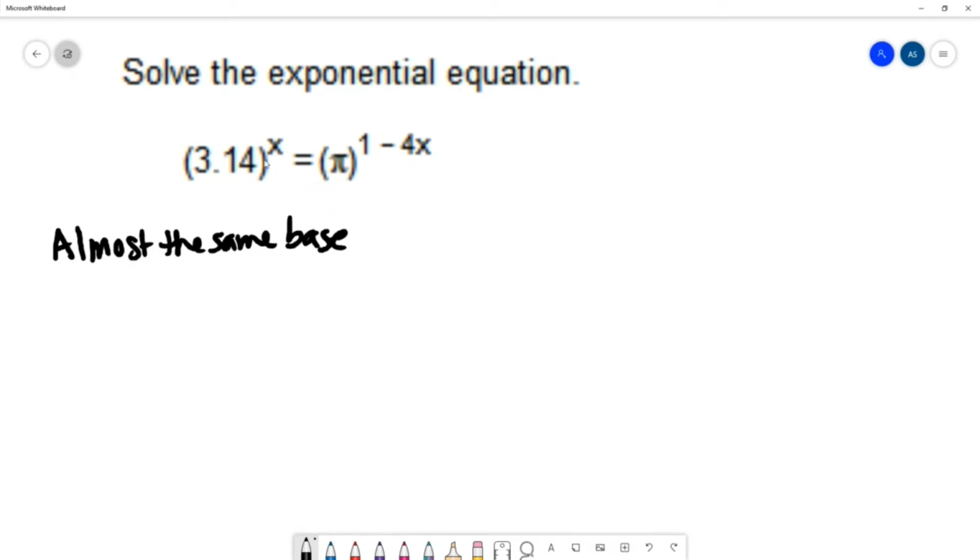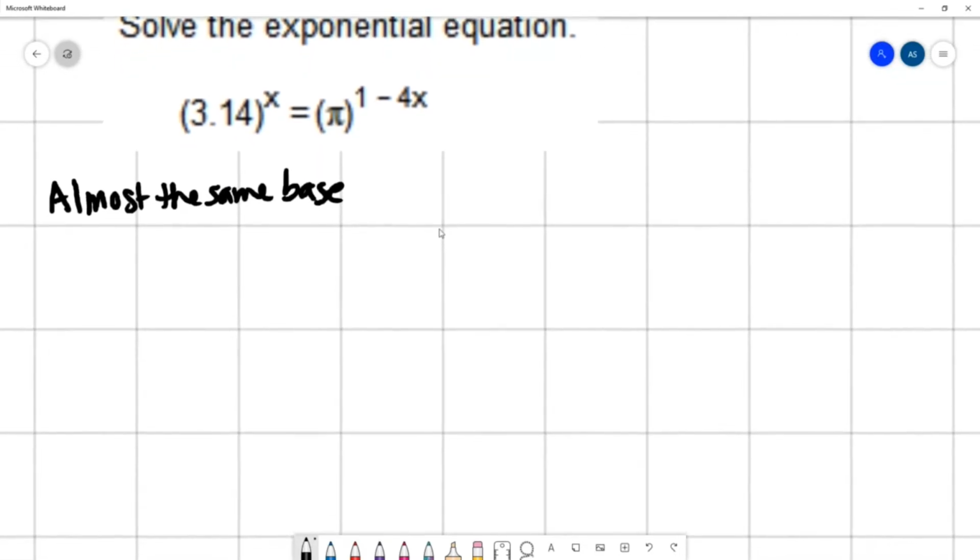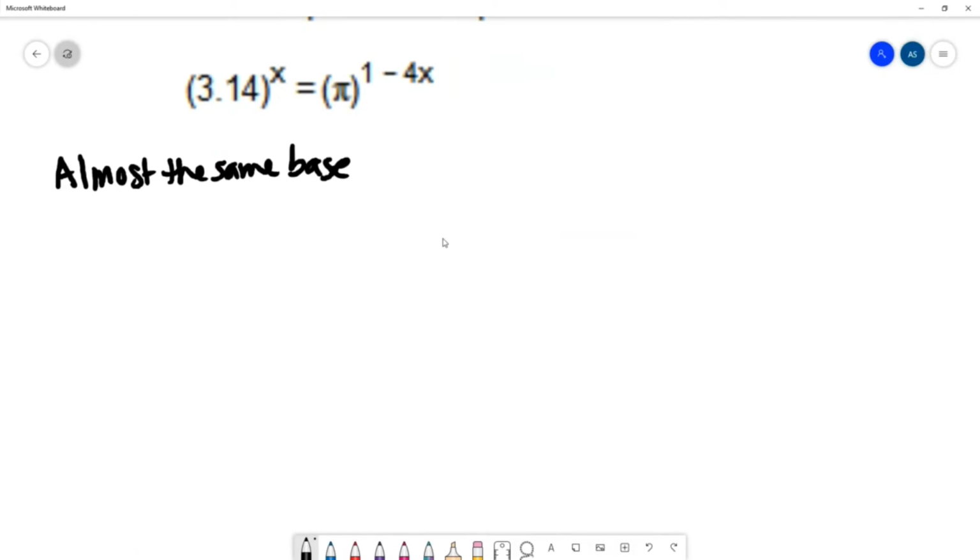But we have to know, since these bases are not exactly the same, they are almost the same, our answer will be an estimate or an approximation. Our answer will not be the exact answer. So I am going to solve it with that relating the bases method, but we'll keep in mind that our answer is going to be an approximation.